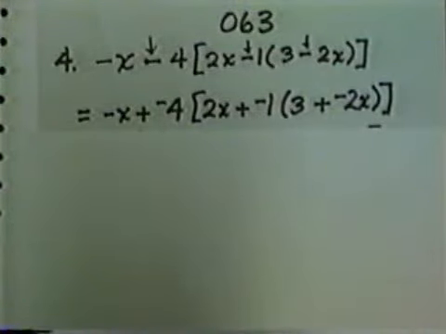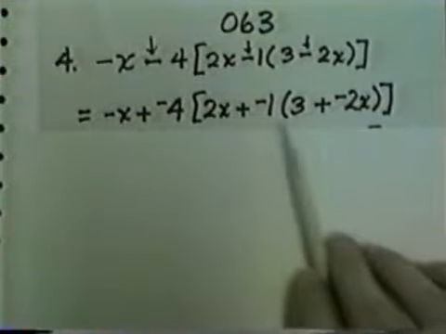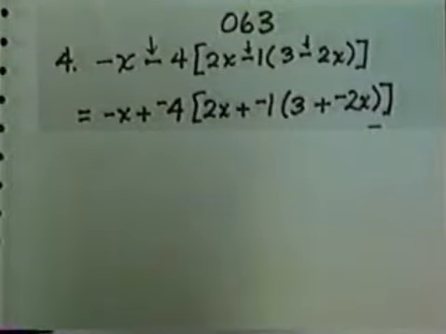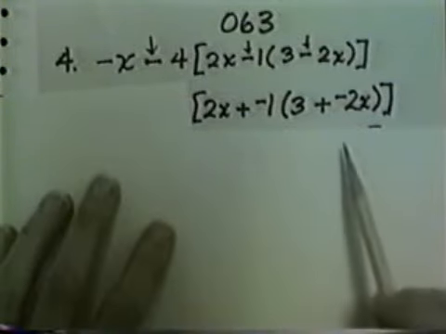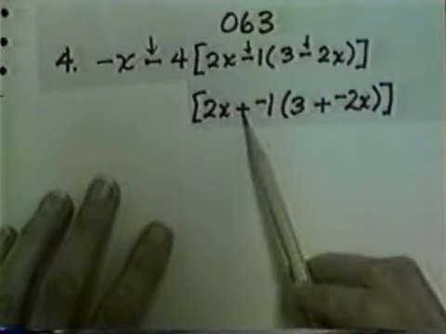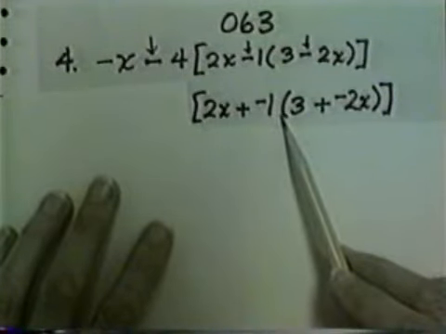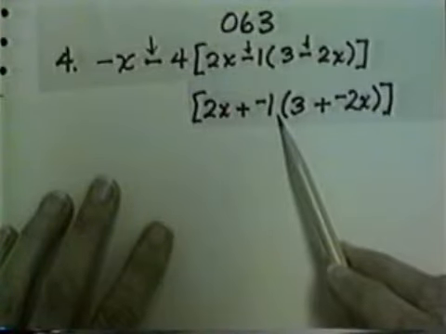Now we still have a lot of complication. Inside the symbol of inclusions, the brackets, let's concentrate on just that much. Let me cover the rest of the problem up for a moment. Inside the brackets, we have add and multiply. Which do we do first? Of course, we multiply first.